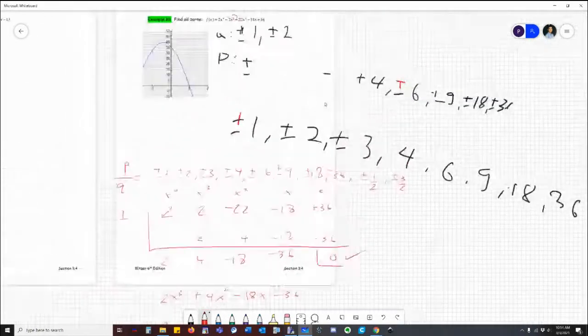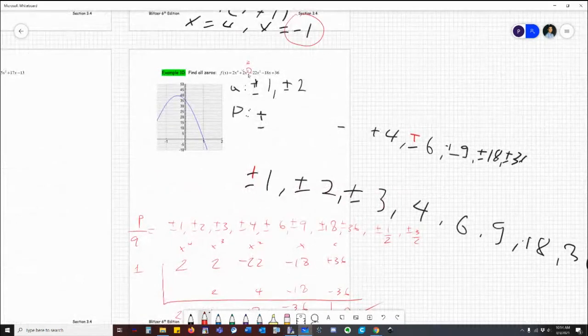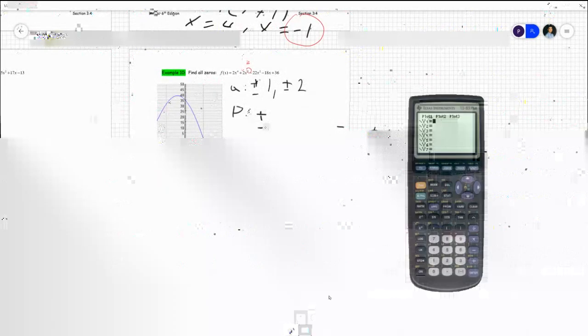So let's type in the original function right here. Now we're going to go to our table, and we can test it out. So we can see here, one of them is 1, and the other one is 3.